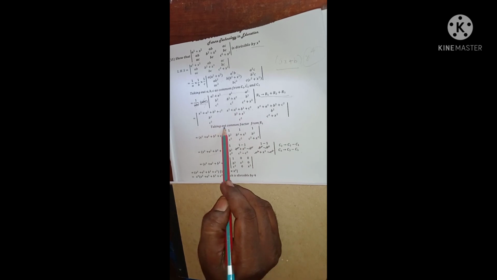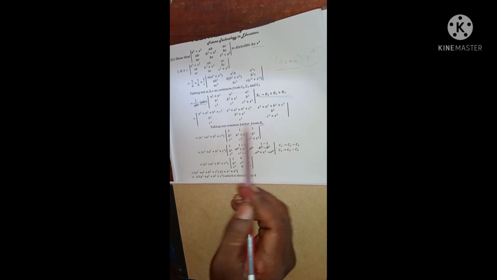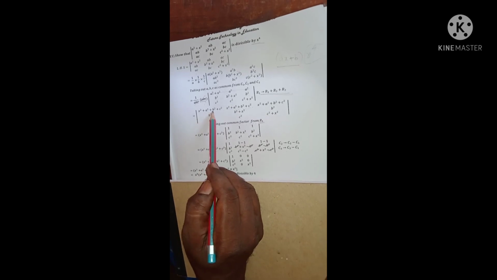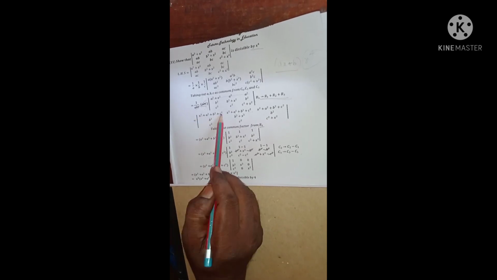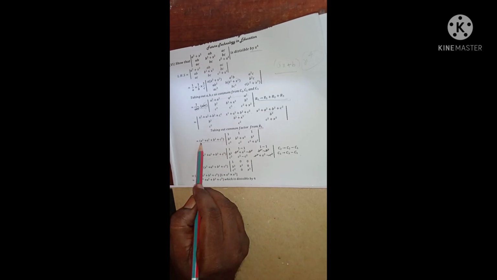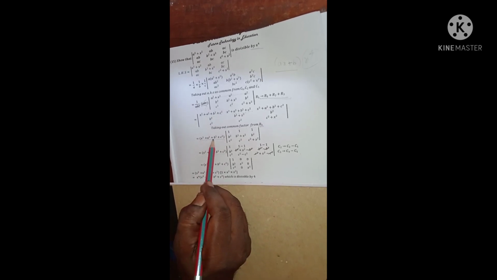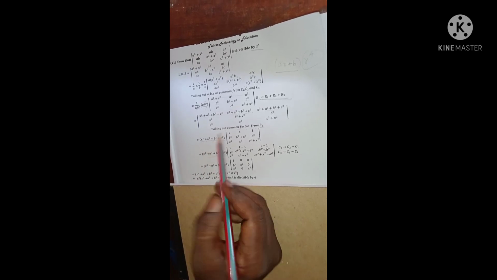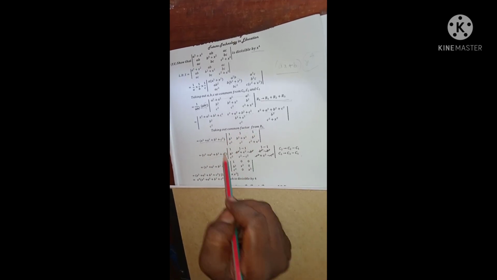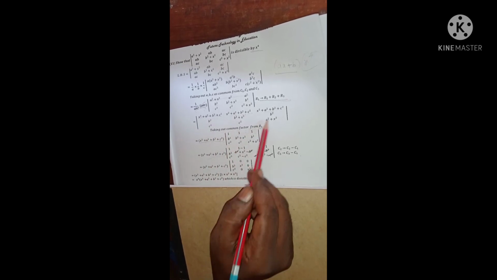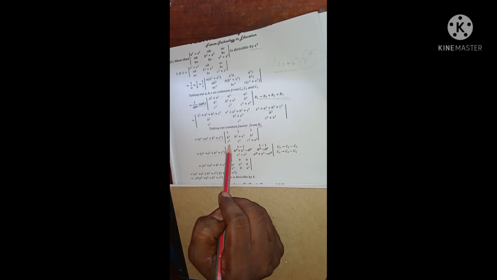Now we take out the common factor of R1, which is x square plus a square plus b square plus c square. Taking it out, we get 1, 1, 1 in the first row. The other rows stay the same: A square, B square plus x square, B square, C square; A square, B square, C square plus x square.